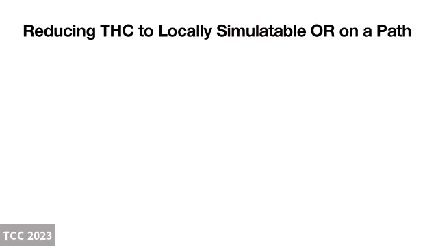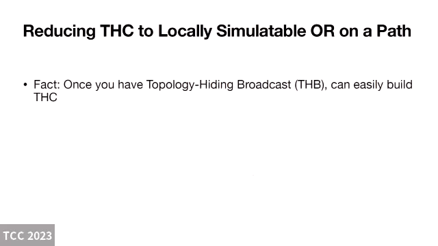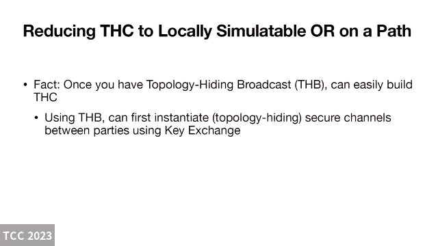So now let me show you how we can reduce THC to locally simulatable OR on a path. First, I want to mention this fact that once you have topology hiding broadcast, you can pretty easily build THC. And that's because once you have THB, you can first instantiate topology hiding secure channels using key exchange.